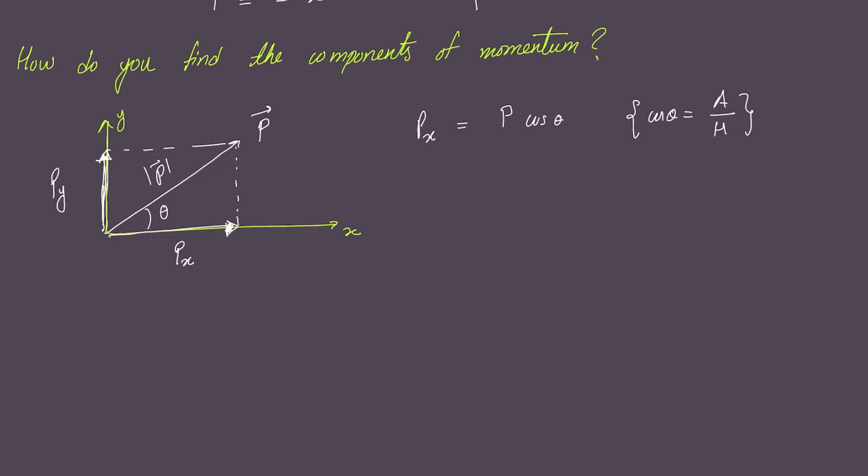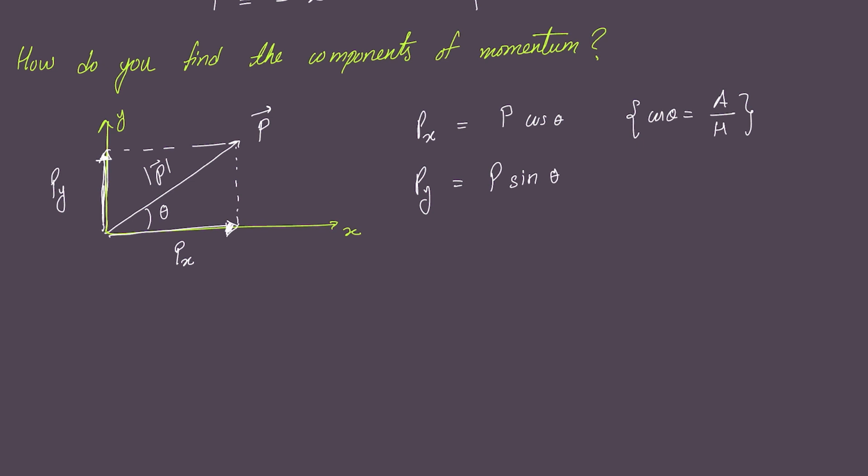So that's why I have written here, I've just multiplied cosine theta both sides. So if you write cosine theta equals px over p, multiply p both sides, you'll end up with px equals p cosine theta. The same way, if you take sine, you'll see that this will be equal to py.